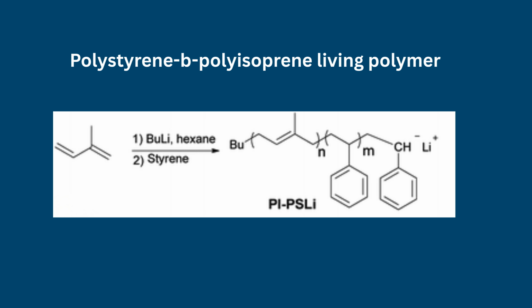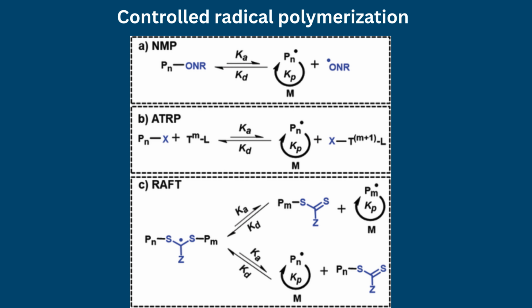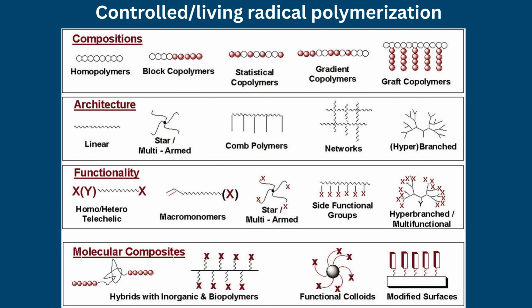More versatile controlled radical polymerization methods, including atom transfer radical polymerization, ATRP, reversible addition-fragmentation chain transfer, RAFT, polymerization, and nitroxide-mediated polymerization, NMP, now permit the preparation of block, gradient, star, comb, and brush copolymers from a broad range of functional monomers under relatively mild conditions.